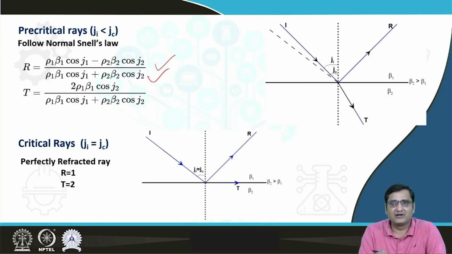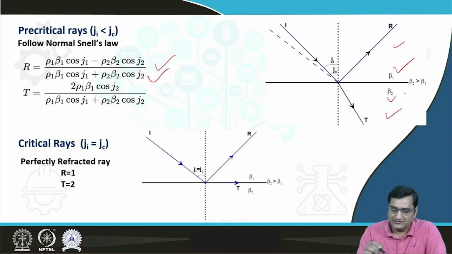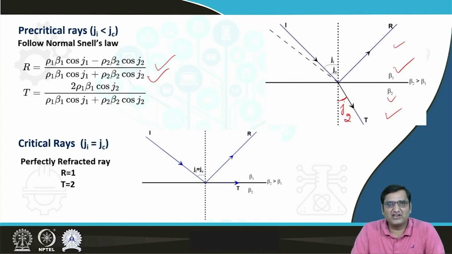Beta 1 is the velocity in the medium above the interface, and beta 2 is the velocity of the medium below the interface, and rho 1 is the density of medium 1, and rho 2 is the density of medium 2, and J1 is the incident angle and J2 is the refraction angle. So J2 is basically this angle here.